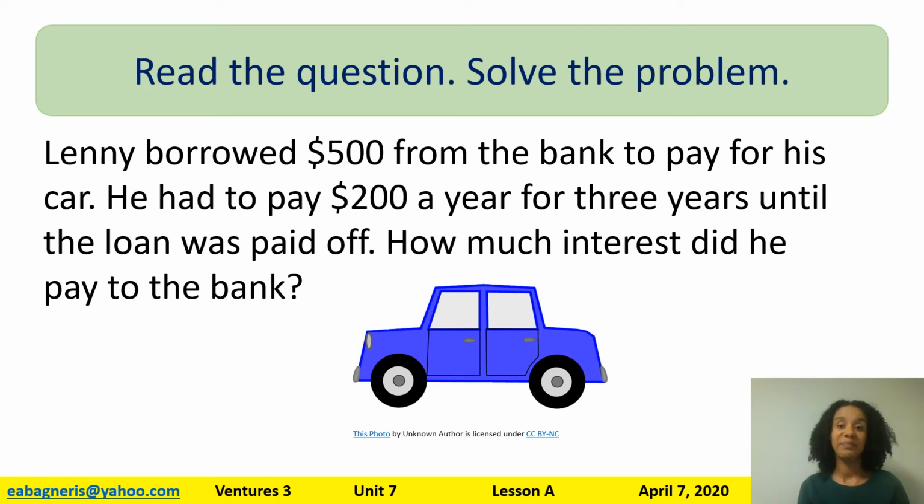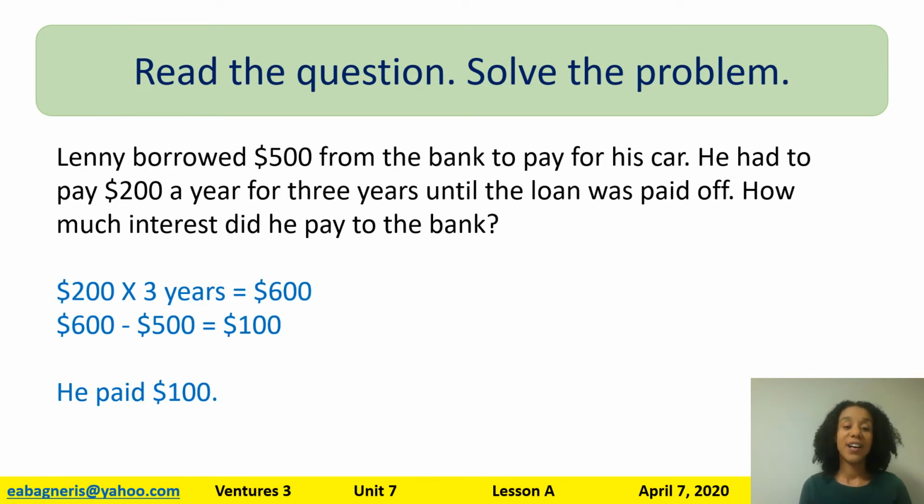Are you ready? So, if Lenny paid $200 a year for 3 years, he paid a total of $600. $600 take away $500 is $100.